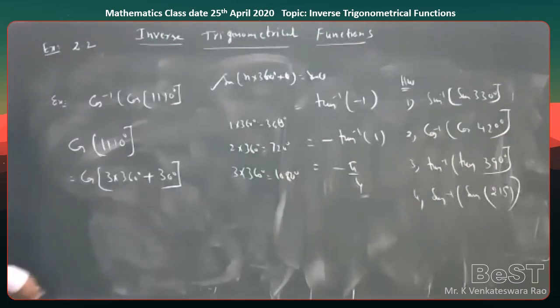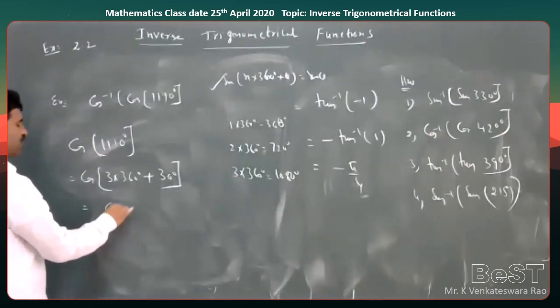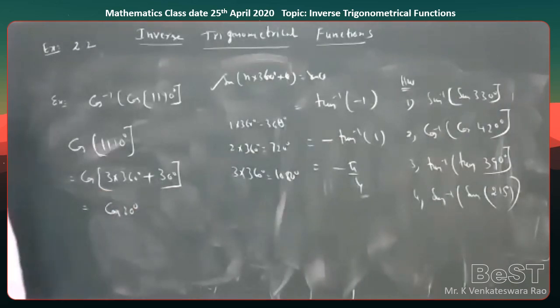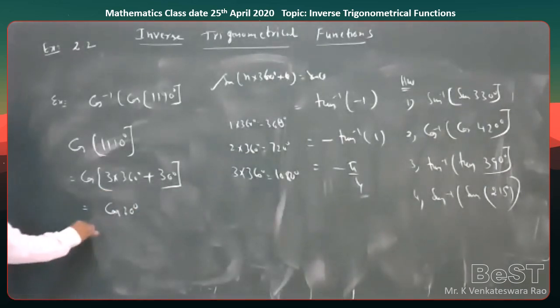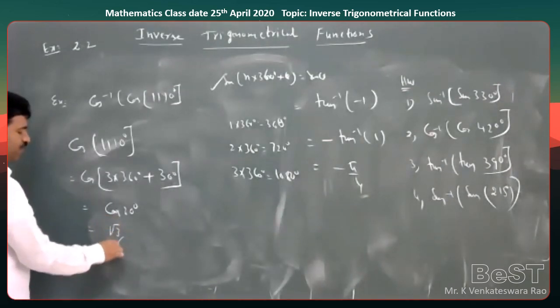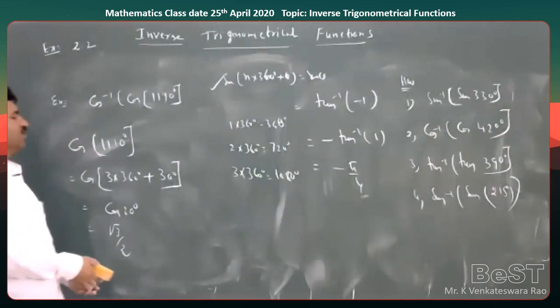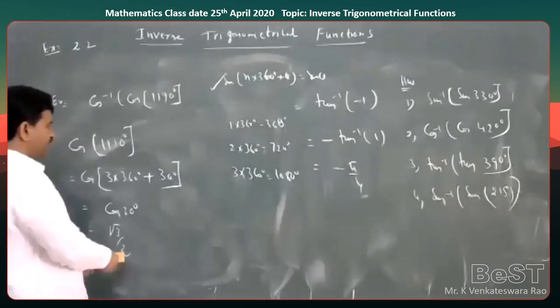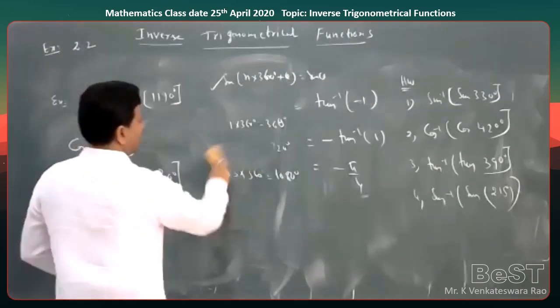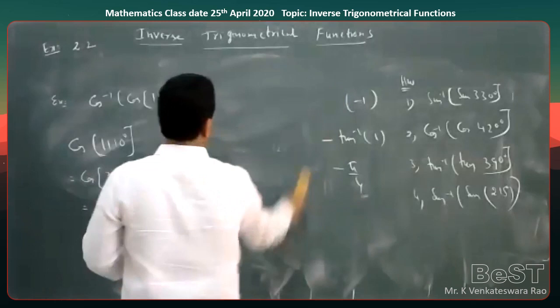This is equal to cos 30 degrees. Cos 30 value, how much? Cos 30 value is root 3 by 2. Now find this one. Cos inverse of cos of that value, which is root 3 by 2.